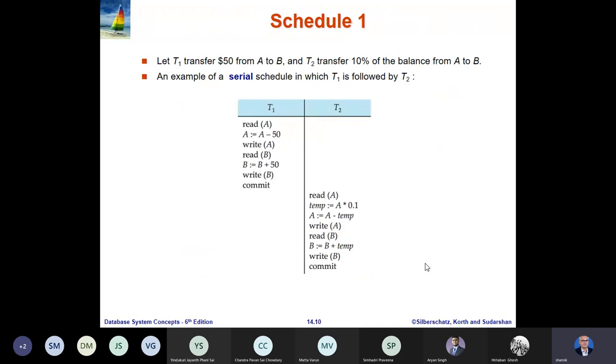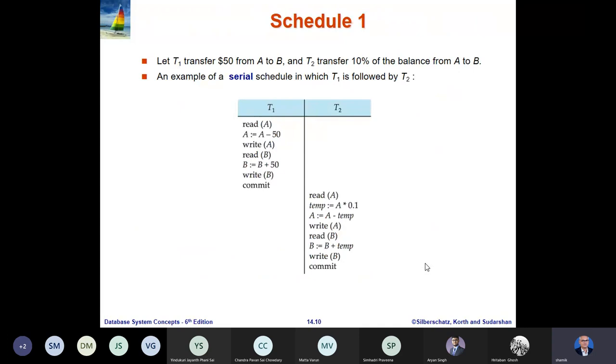So a fixed percentage, 10% of A, is reduced, so A is reduced by 10% of itself, and then B is increased by the 10% of A. If we consider that initially I had 1000 and 2000 in A and B before these two transactions came in, T1 moves 50, so A becomes 950, B becomes 2050.